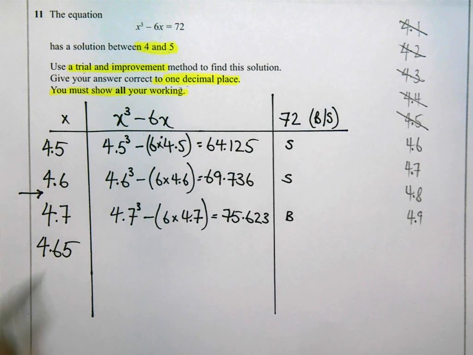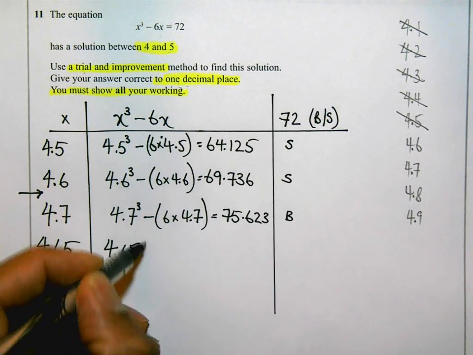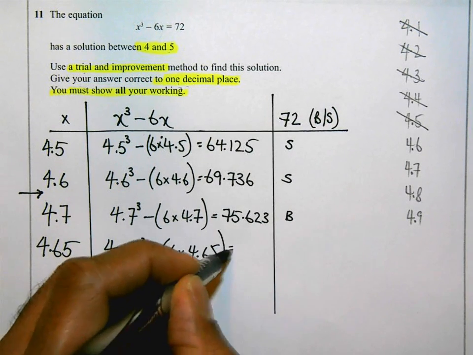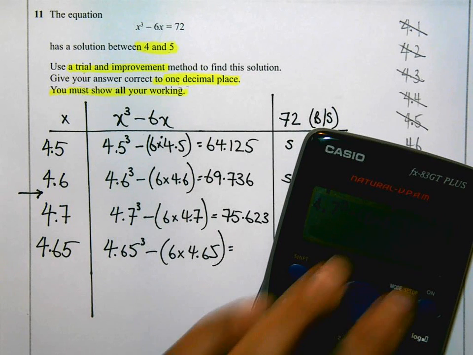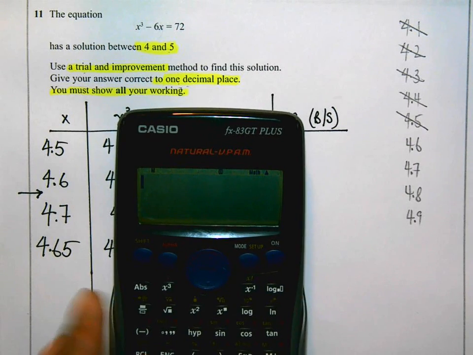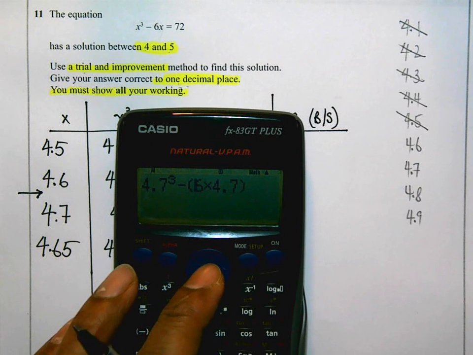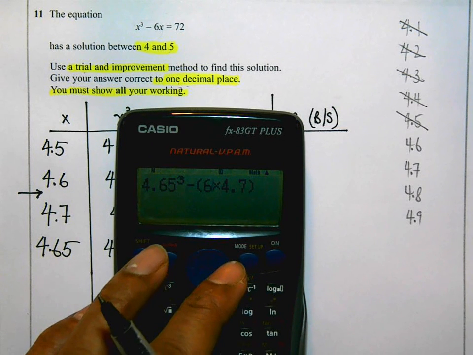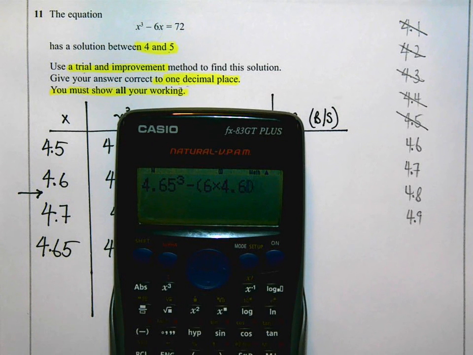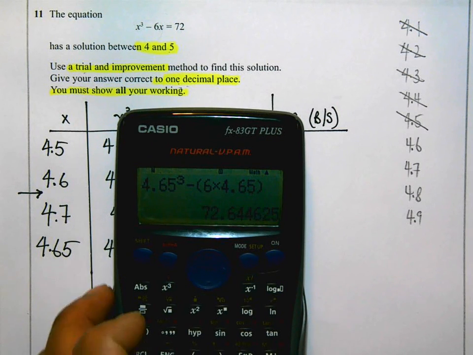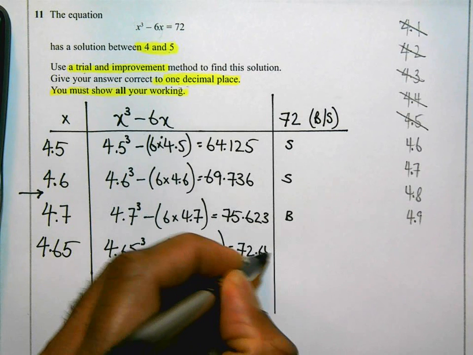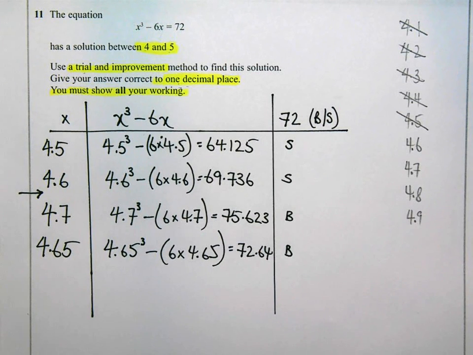That's halfway between 4.6 and 4.7. 4.65 cubed, take away 6 times 4.65, and that's equal to 72.64, and that's too big.